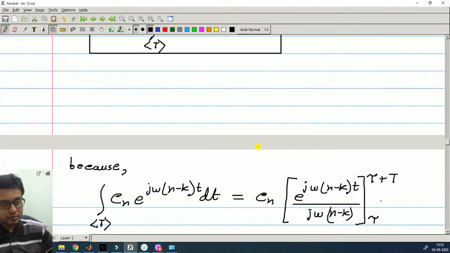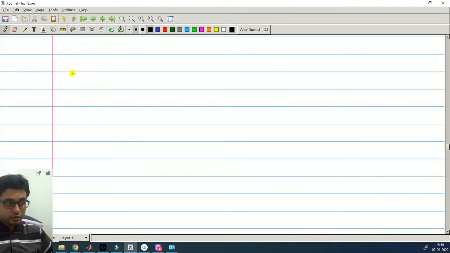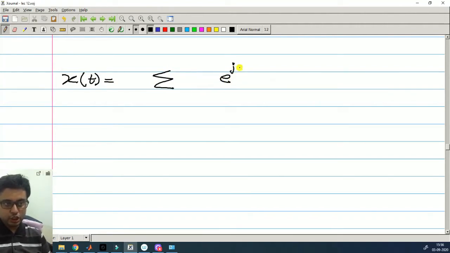Also, note that we are writing x(t) as a sum of complex exponentials e to the power j omega n t with coefficient Cn, n running from minus infinity to plus infinity.